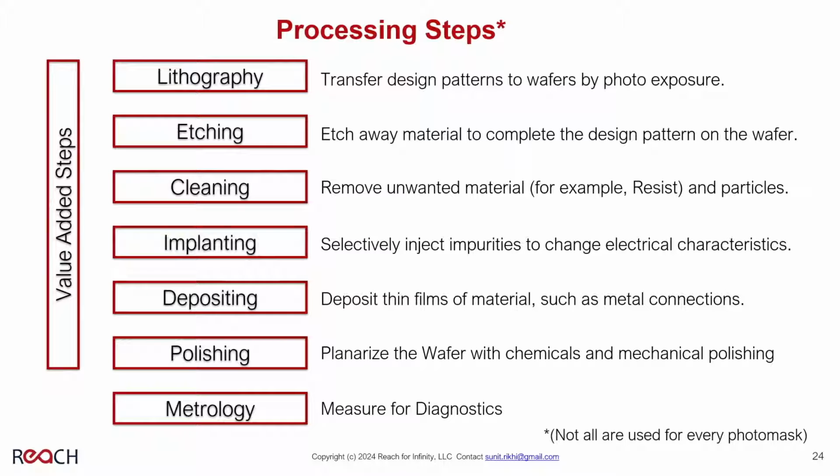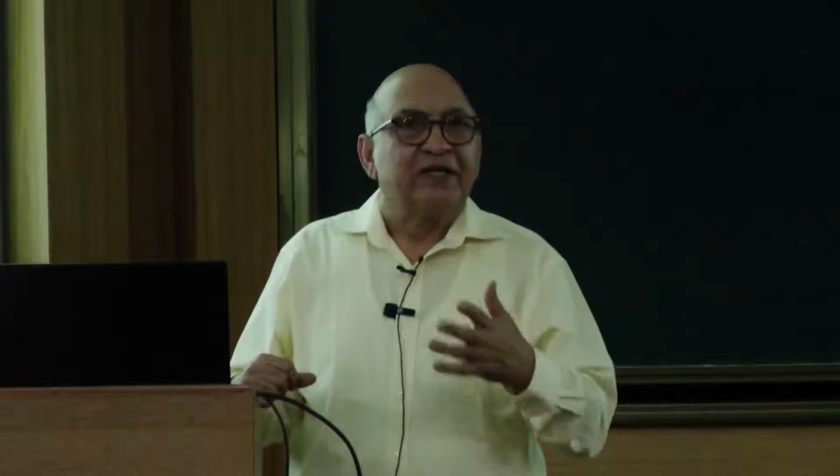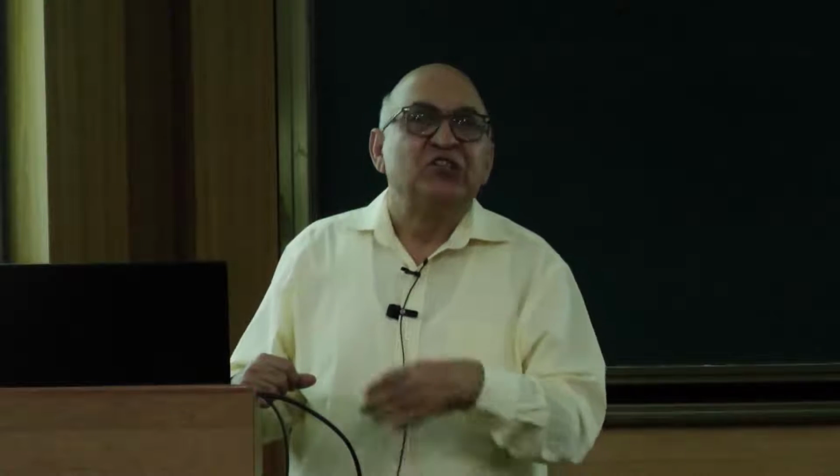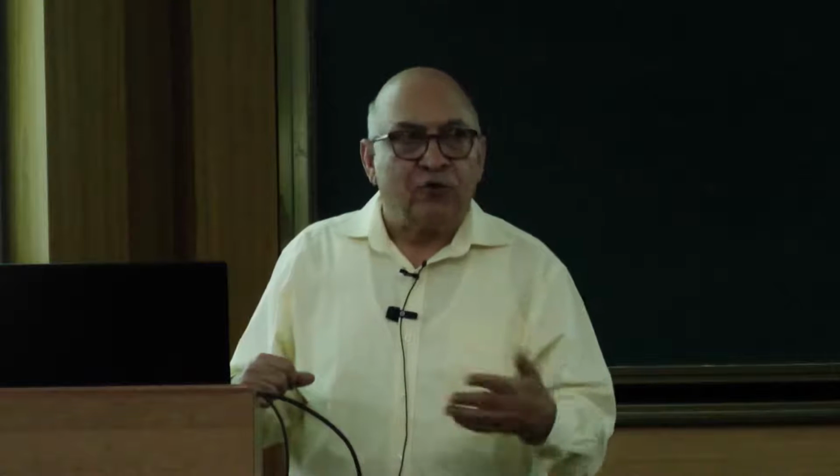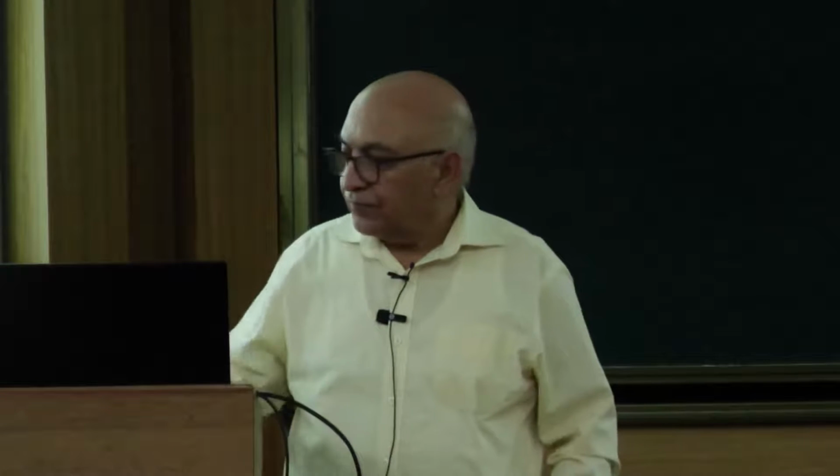And so this is not supposed to say that the processing steps for every photomask is comprehensively listed here. Yes, lithography is for every photomask. Etching also would be every photomask, but not every photomask uses everything else.